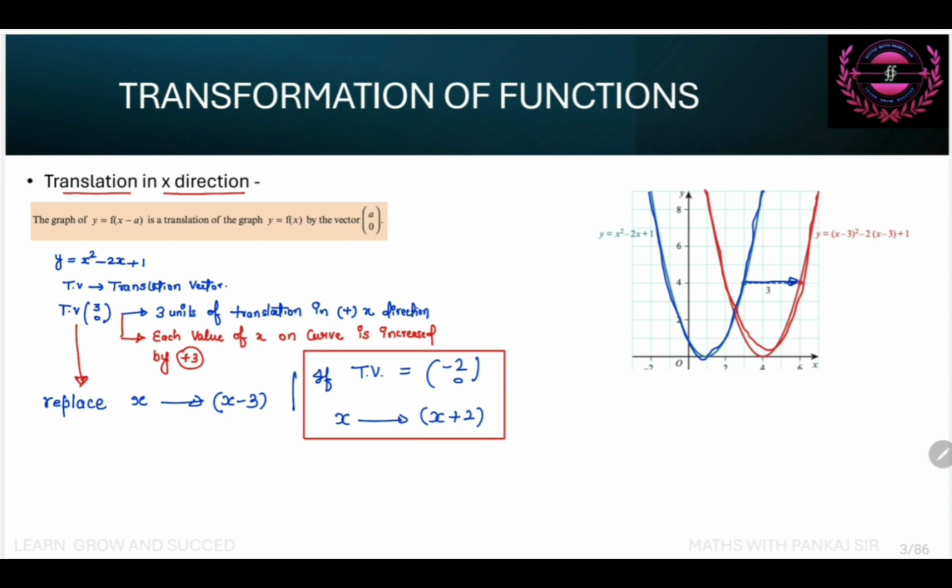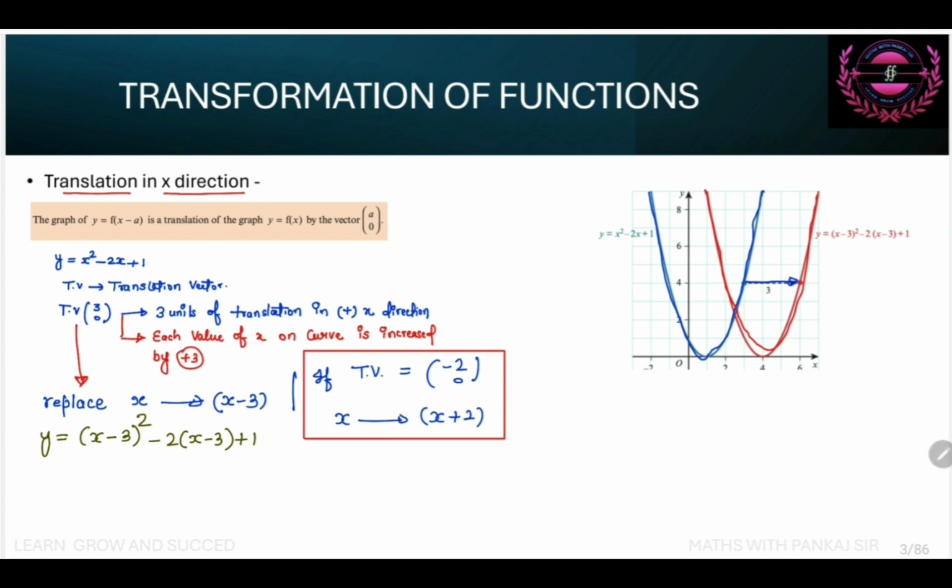So now my function becomes y equals (x minus 3) whole square minus 2(x minus 3) plus 1. So wherever I had x in the original equation, I replaced it with x minus 3.